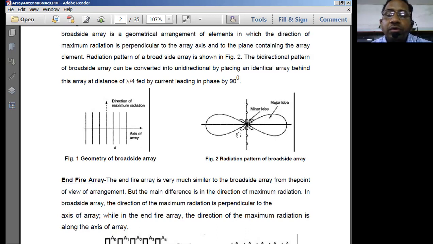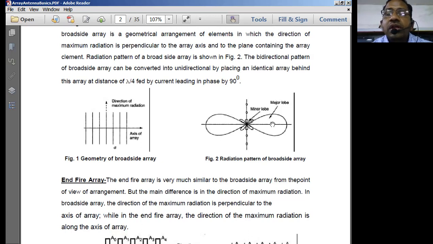If you want to cancel the radiation in one of the directions, we can place another array like this.